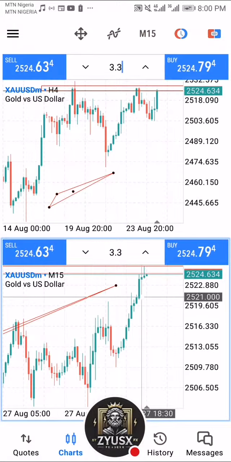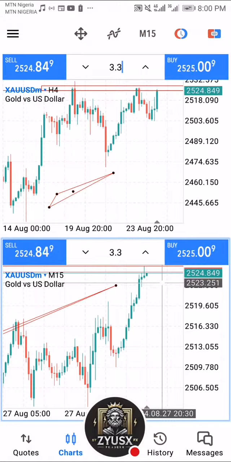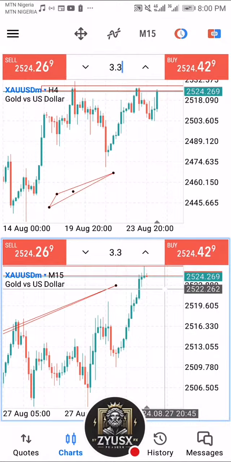So I'm going to be setting my sell stop order around this level. Let me give price a little bit of breathing space. 2522. Remember, you don't need to be the first in the market. Being second or third is okay. 2522.